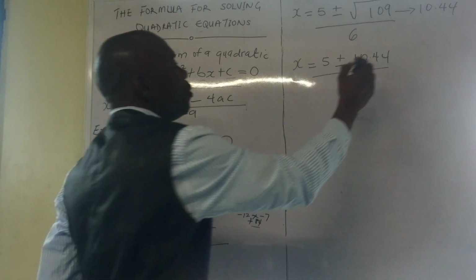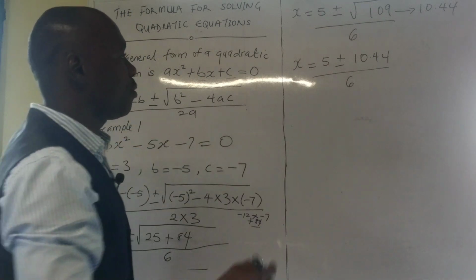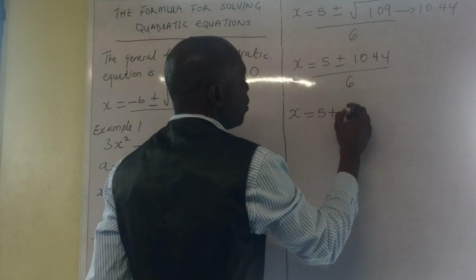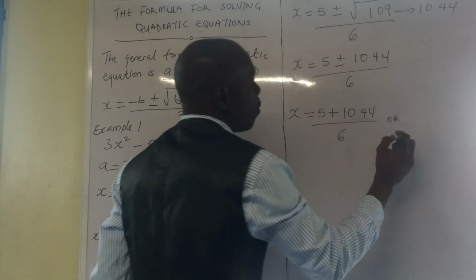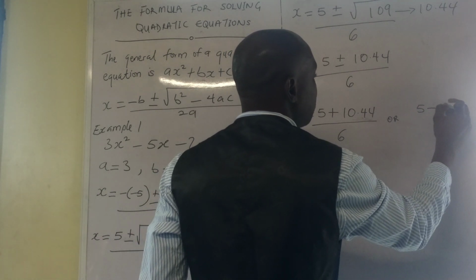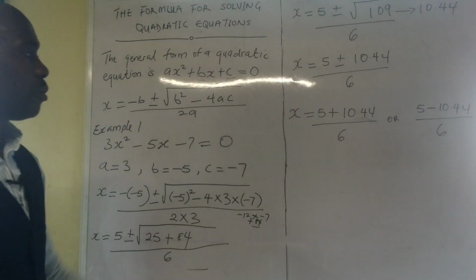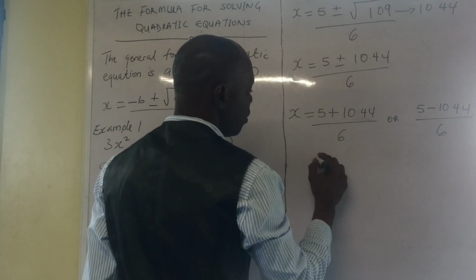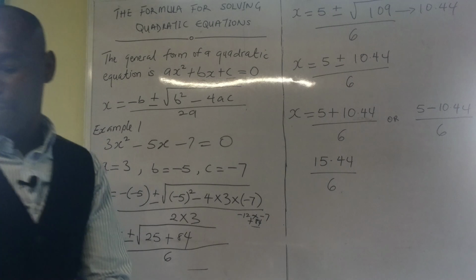With this one, we expand it to become x equals 5 plus 10.44 all over 6, or 5 minus 10.44 all over 6. From here, let's add it together. If you add these together, it will give you 15.44 all over 6. So let's divide 15.44 by 6.